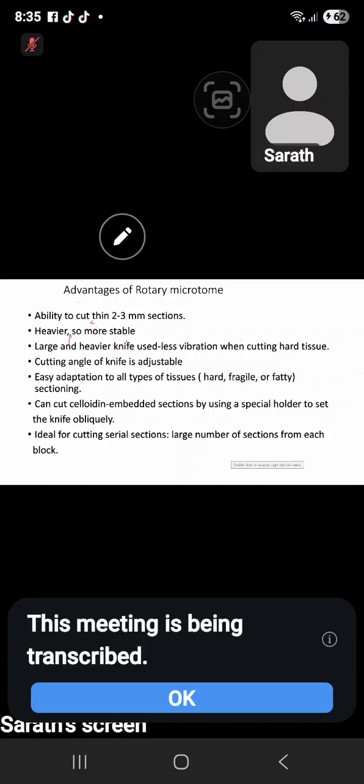So you can cut hard tissues, bony tissues, fragile, breakable, and fatty tissue. For all tissue types, this is suitable. Can cut celloidin embedded sections by using a special holder to set the knife obliquely. So not only paraffin wax, celloidin embedded sections also can be cut by using a special holder. Ideal for cutting serial sections, a large number of sections from each block.